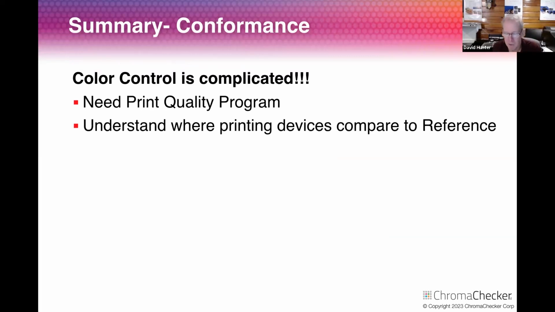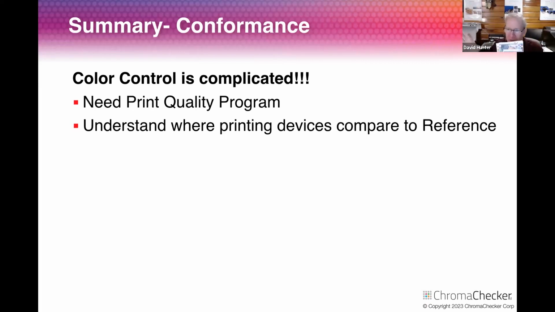We just had 3 new users come on in the last week. And the first thing we do is we have them print samples, print targets on the printers, and then measure them in. And then we can instantly see, in fact, I should show one of their dashboards here. We can instantly see that 2 of their devices were doing quite well and the other 3 were not so well.